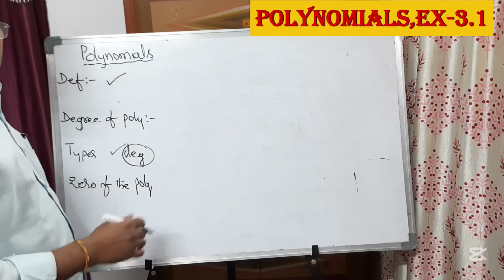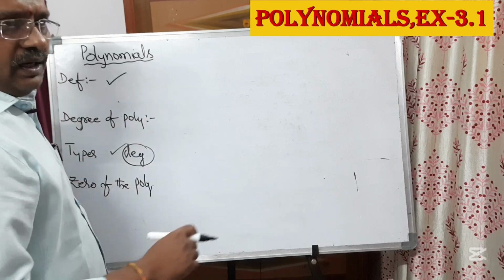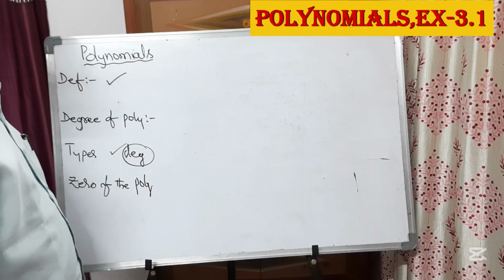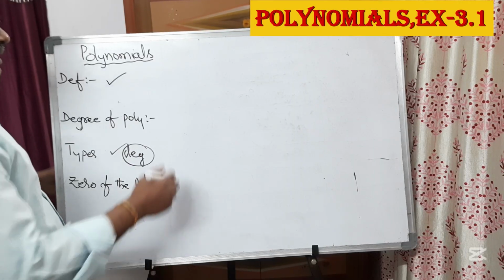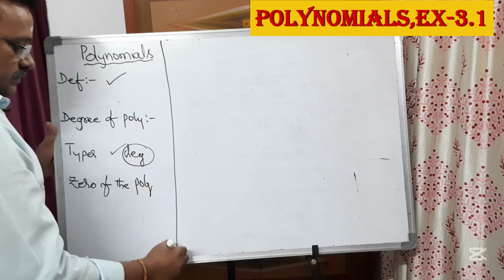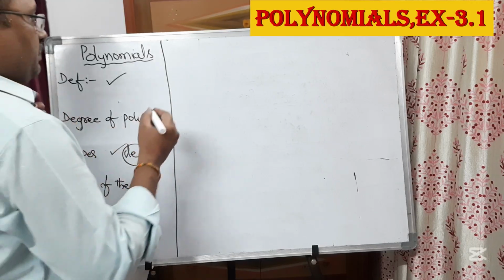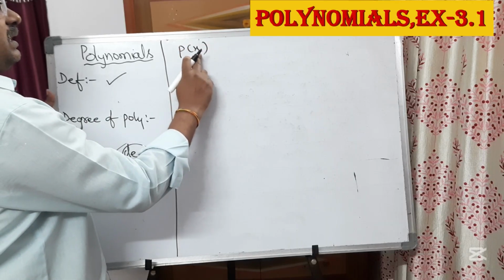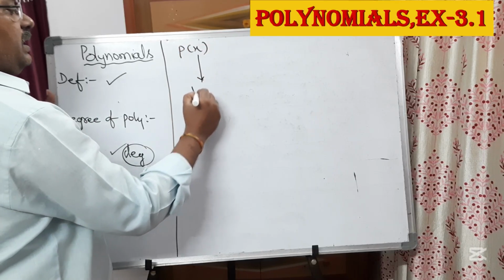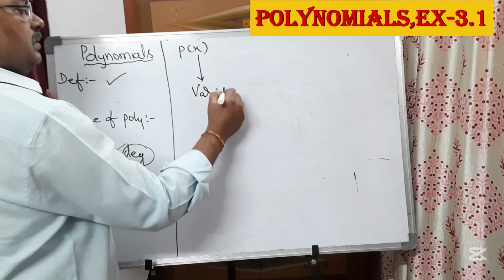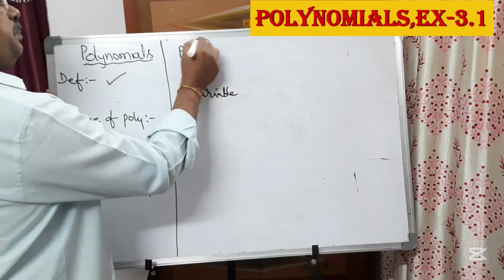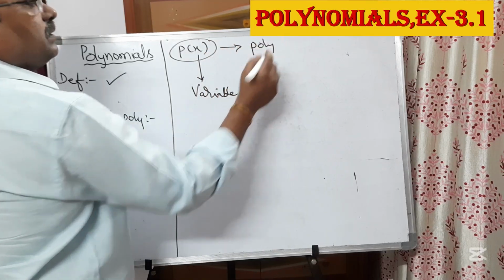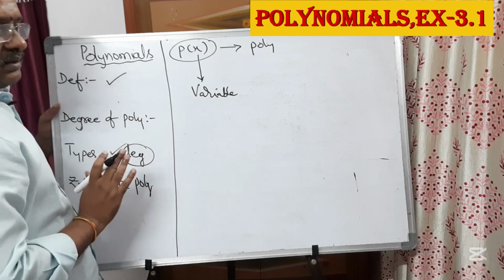Now, a very important simple point: the zero of a polynomial. What is that? If there is a polynomial p of x, here x is called the variable, and p of x in total is called the polynomial.